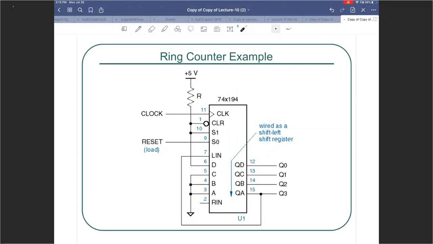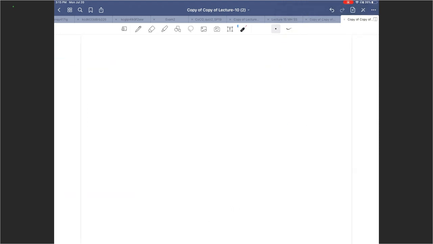Before we do anything, I want to ask you, when you think of a counter, say a 3-bit counter, what are some of the qualities you would want this 3-bit counter to have? Think about 0, 0, 0. Let's label this Q2, Q1, Q0.